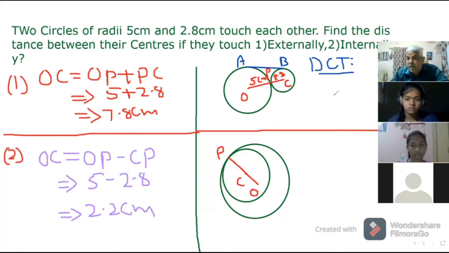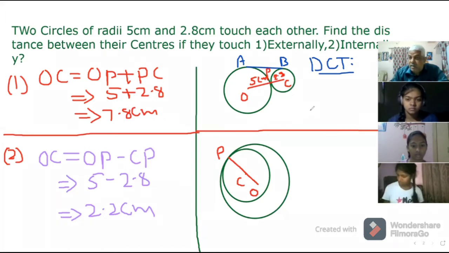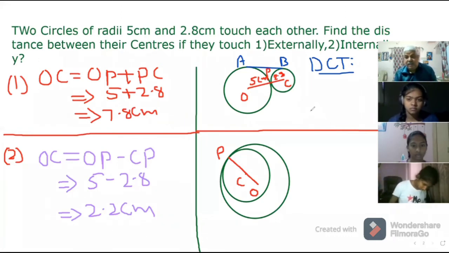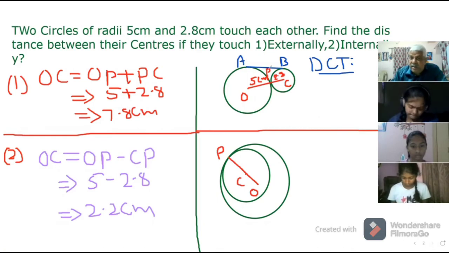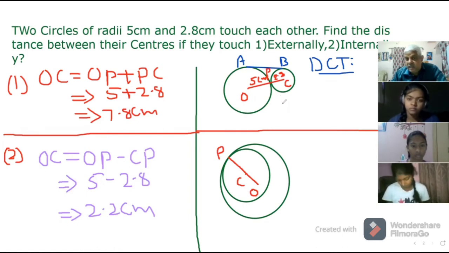Till now we have discussed constructing a tangent for a single circle. Now here two circles are there, both externally touching. If we draw a common tangent to both of them, it is called DCT, direct common tangent.